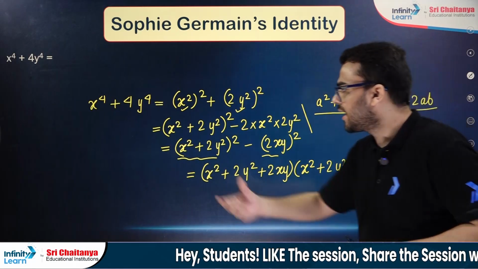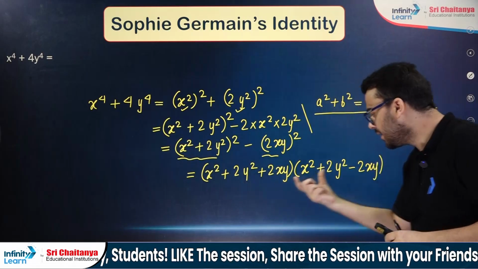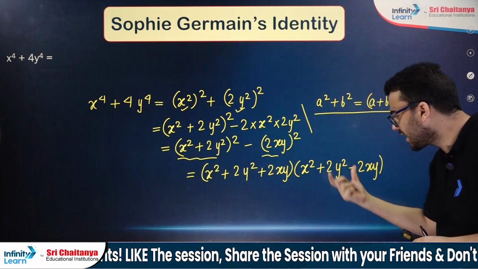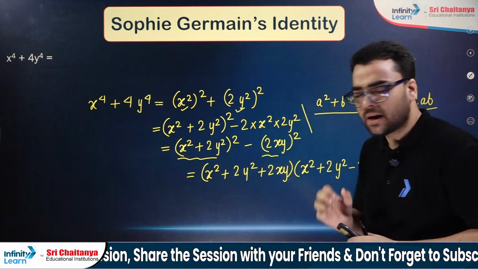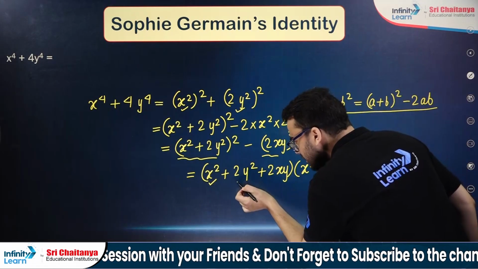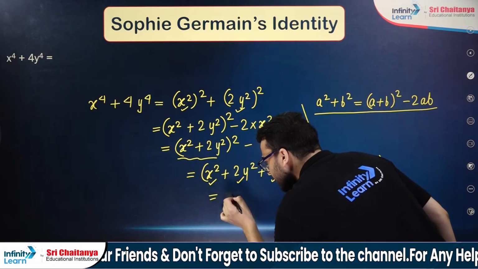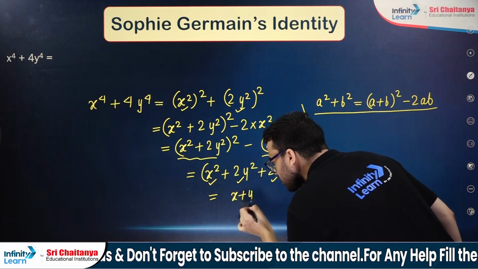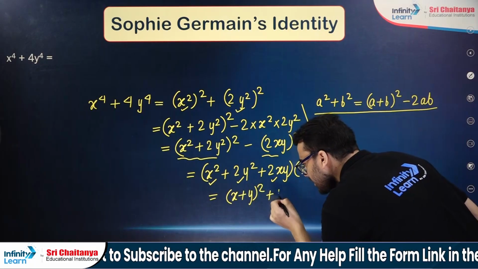It means that x raised to the power 4 plus 4y raised to the power 4 can be written like this. Now you see, this can be further manipulated to make it look easier. See this. This is x square, and if I take y square from it and then 2xy, can't you say that it will be x plus y the whole square? But you see, one y square is already there.